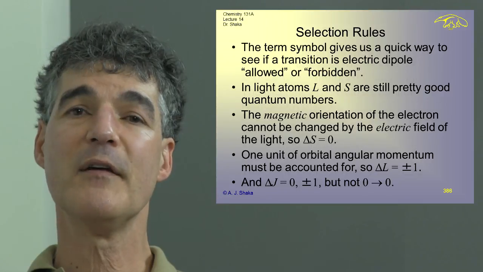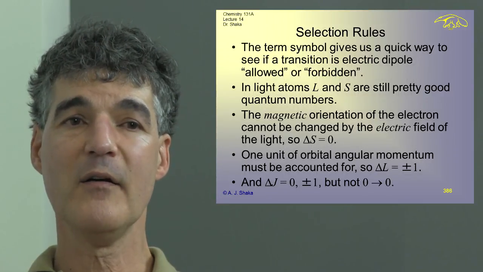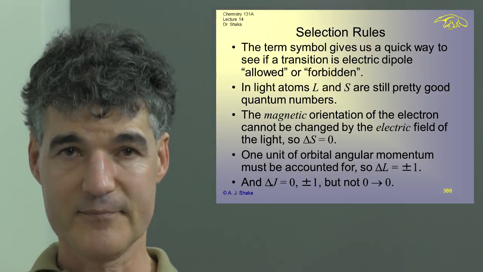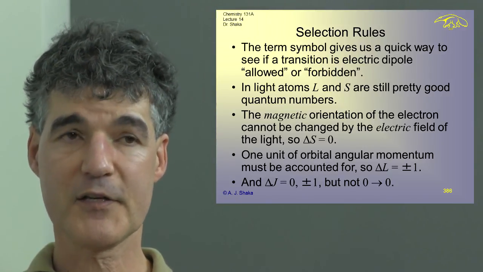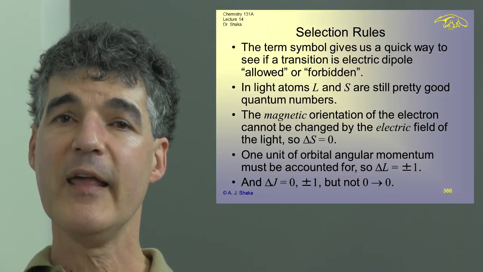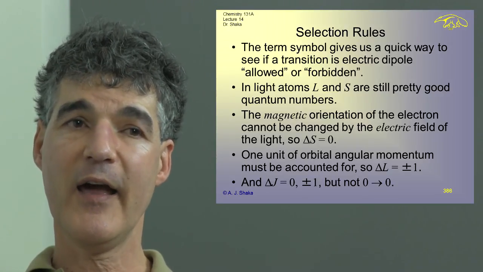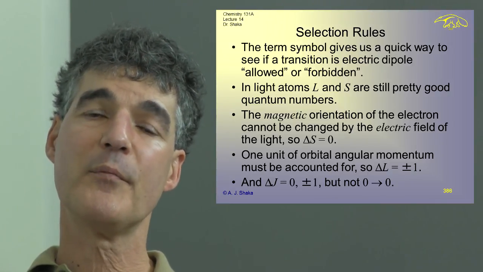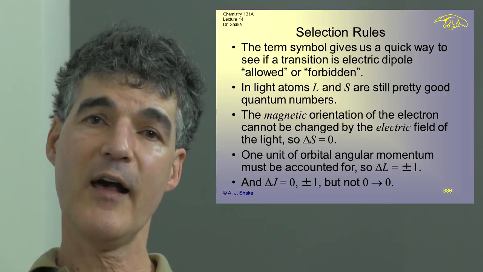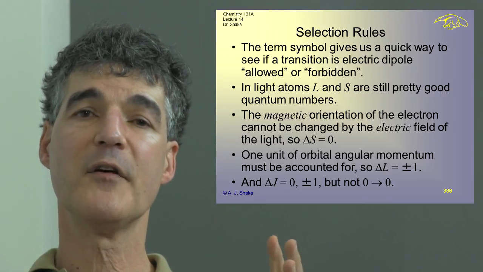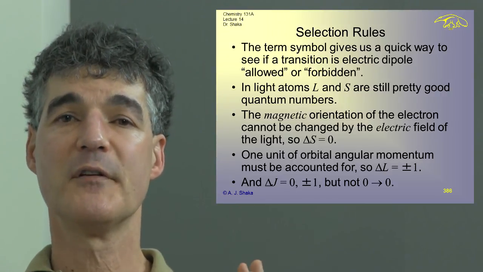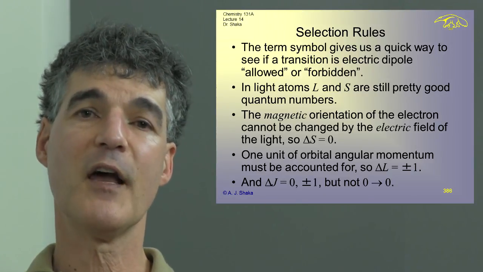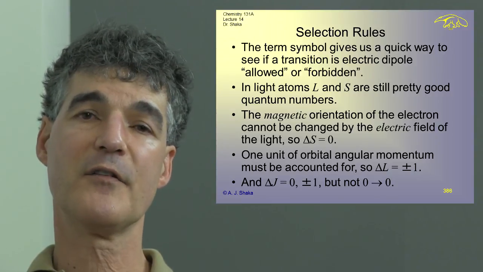The term symbol gives us a really quick way to tell whether a transition is, quote, allowed or forbidden, according to the electric dipole selection rules. In light atoms, L and S are still pretty good quantum numbers. The reason why they aren't perfect quantum numbers is that L refers to orbital angular momentum. That came from hydrogen. In hydrogen, everything is spherically symmetric because there's that one proton and one electron.